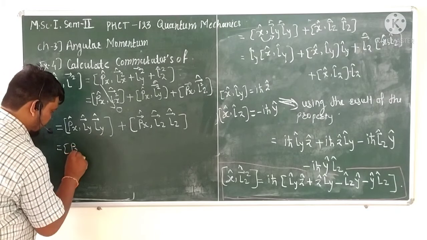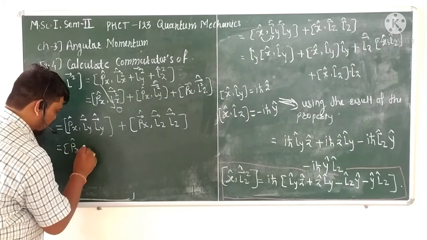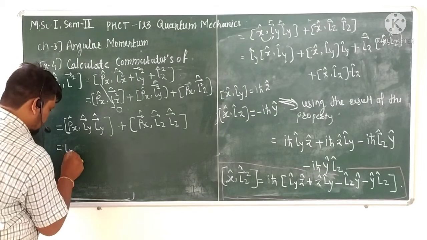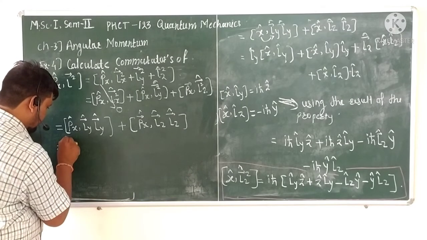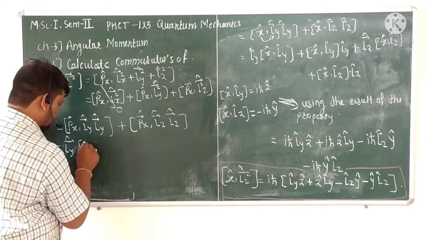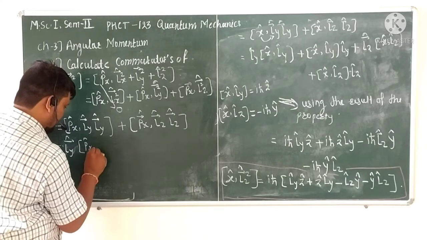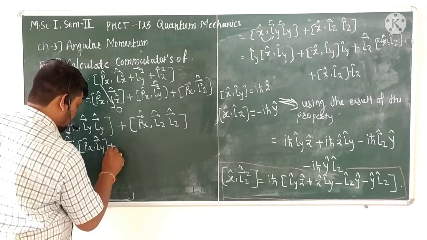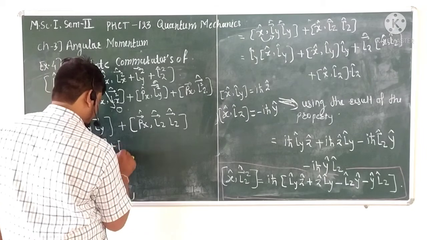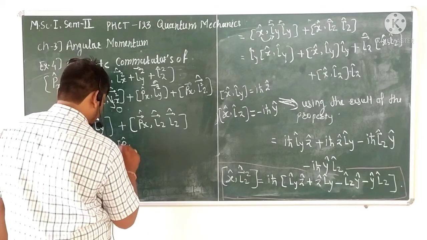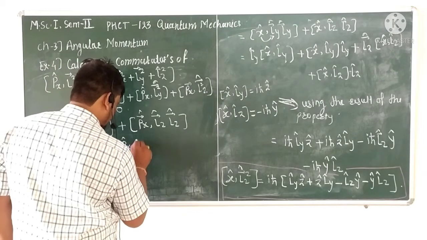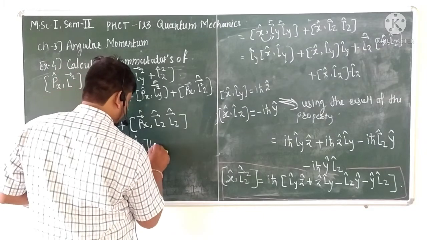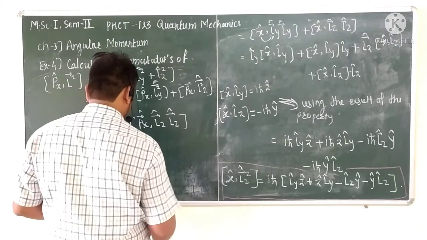This is [Px, Ly] in the commutator bracket of Px, Ly, plus, and again this [Px, Ly], and here the Ly is outside.